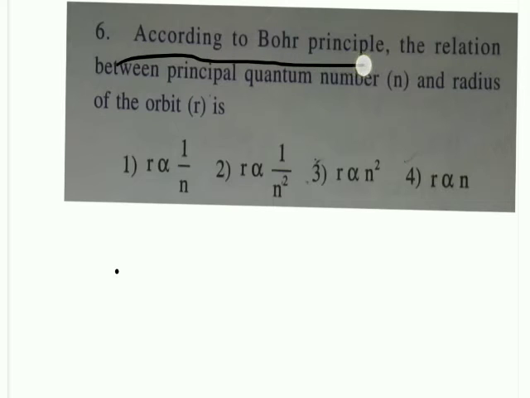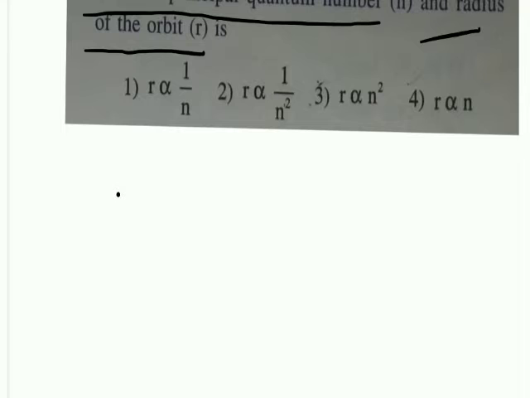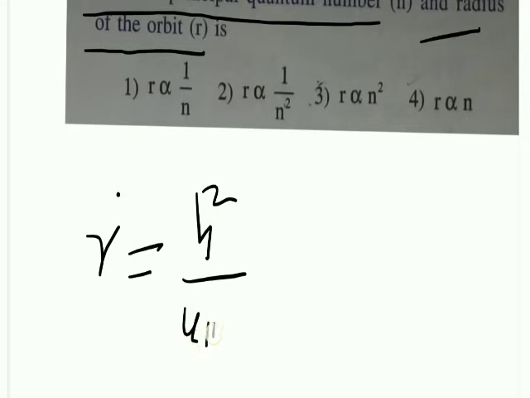According to Bohr's principle, the relation between the principal quantum number n and the radius of the orbit r is? So, Bohr's formula: r, the radius of the atom, is equal to h square by 4 pi square m k e square, into n square by z.